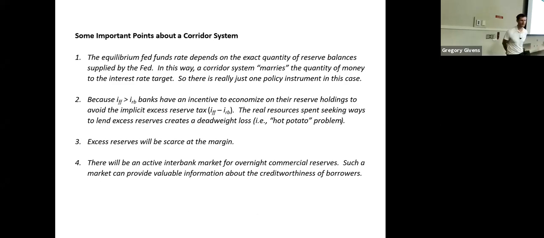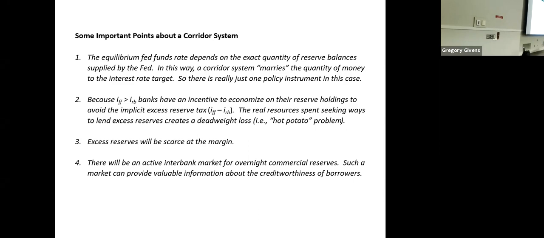Last point that's related to this. Because excess reserves are scarce at the margin, and banks are trying to lend their reserves, there is going to be an active interbank market for these overnight commercial reserves. That active interbank market can provide a lot of very useful information about the creditworthiness of counterparties, okay?